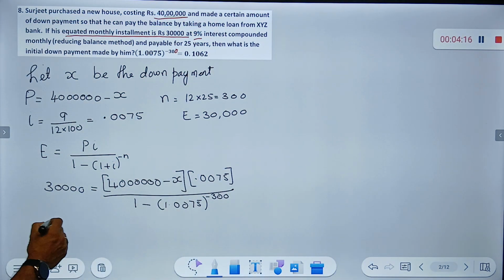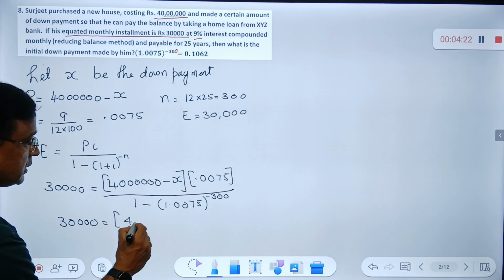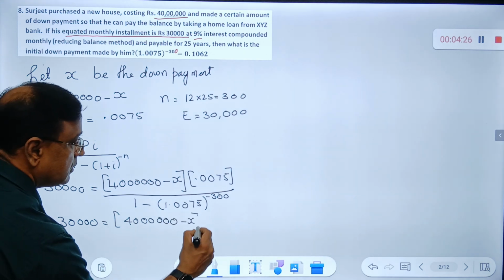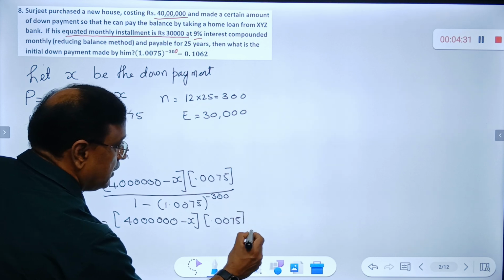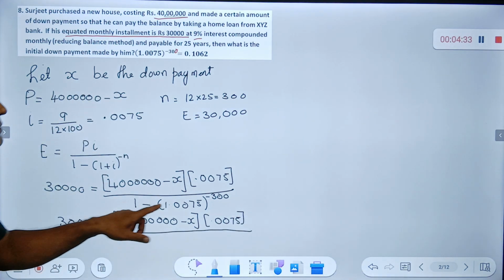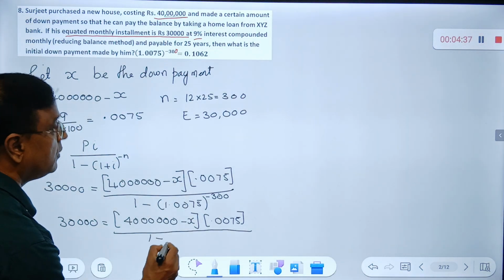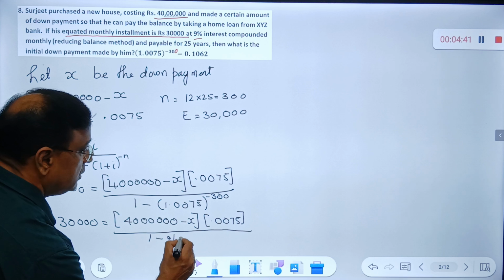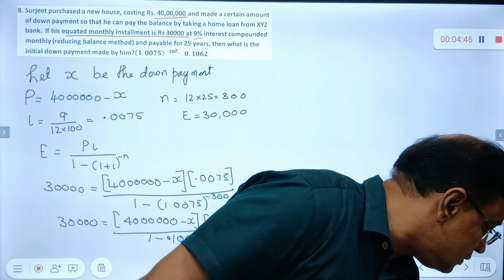Okay, so this is 30,000 equal to 40 lakhs minus X into 0.0075 divided by, this value is given here, so it is 1 minus 1.1062. Now, what is the calculation for this?